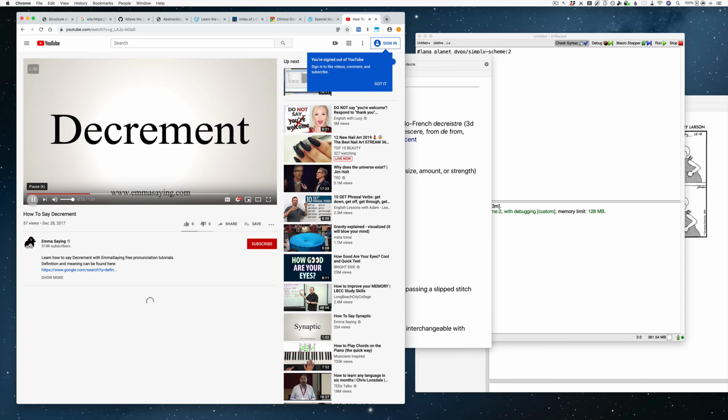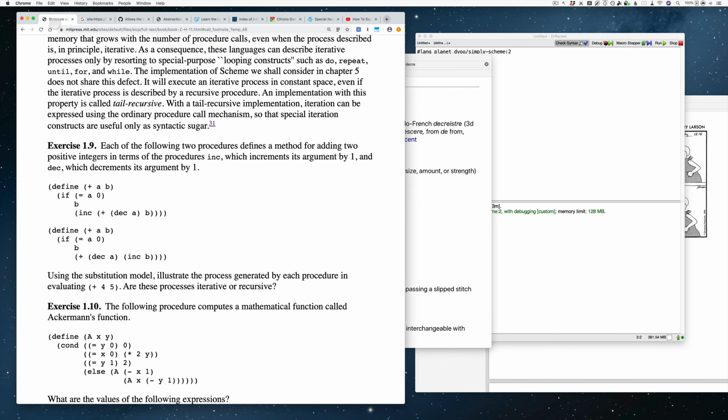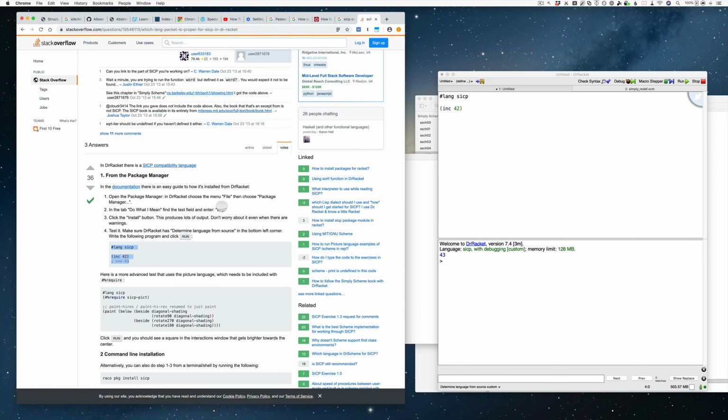Yeah, okay. So, using a substitution model, illustrate the process generated by each procedure in evaluating the sum of 4 and 5. Are these processes iterative or recursive? No detour here.